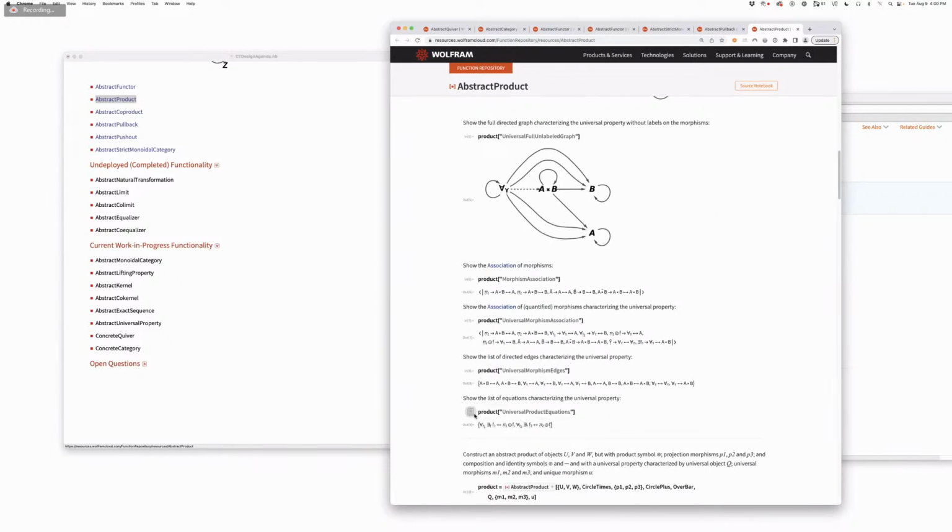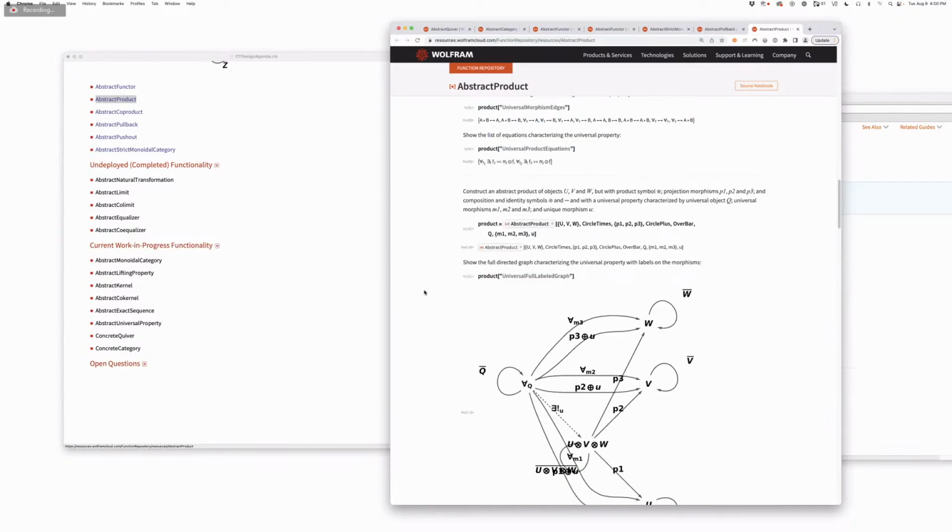That just gets translated into some first order logic that we can then do theorem proving over. So then this product is just like a disembodied thing that you can then embed into some arbitrary category. And I have some examples of that later on in the documentation.